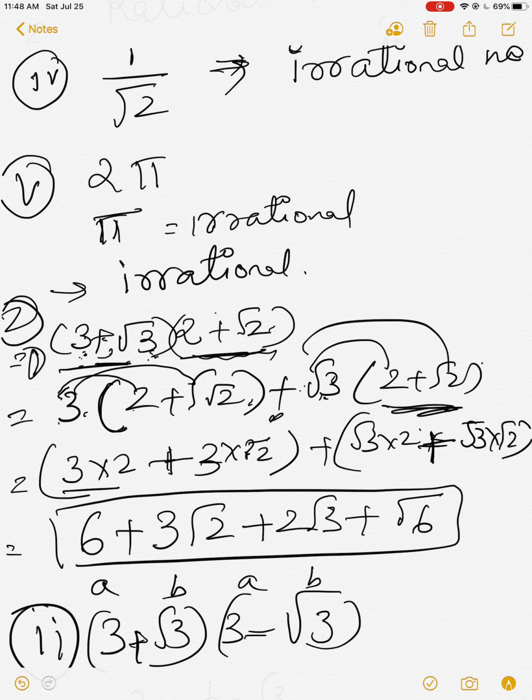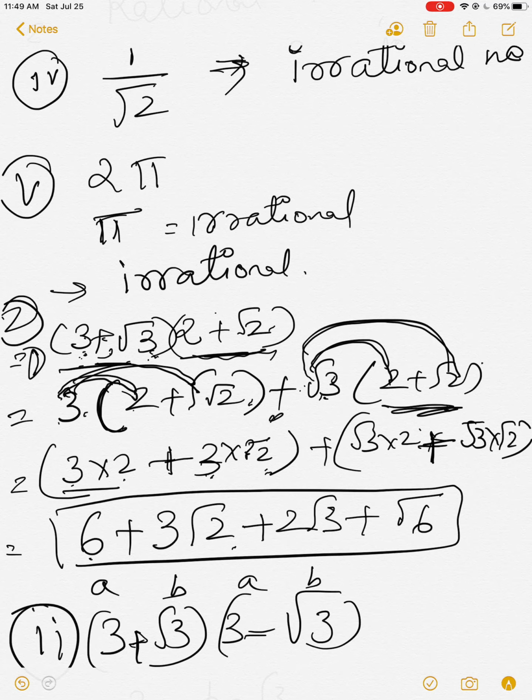Now multiply. 3 with a bracket means multiplication. 3 multiplied by 2, 3 multiplied by root 2. Root 3 multiplied by 2 and root 3 multiplied by root 2. Now 3 multiplied by 2 is 6. 3 multiplied by root 2, not root 6. 3 is rational and root 2 is irrational. So you have to write 3 root 2.